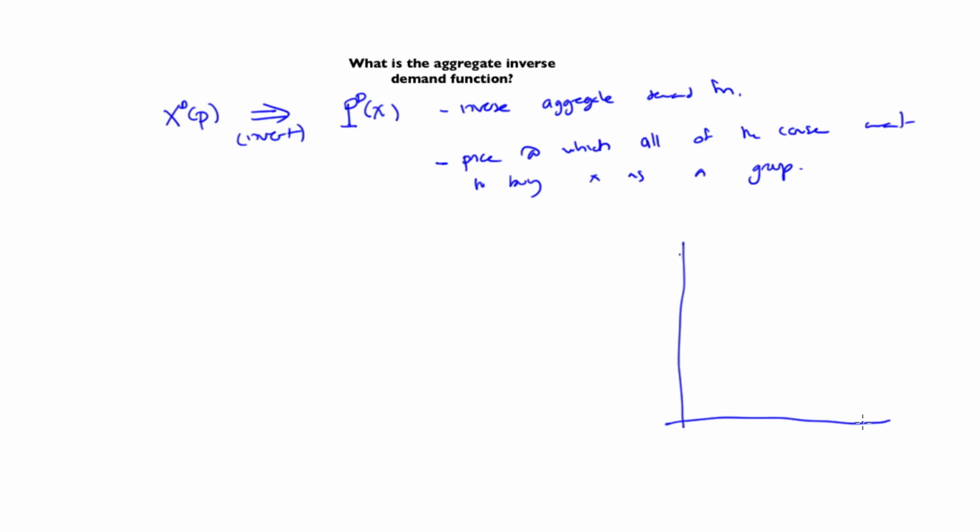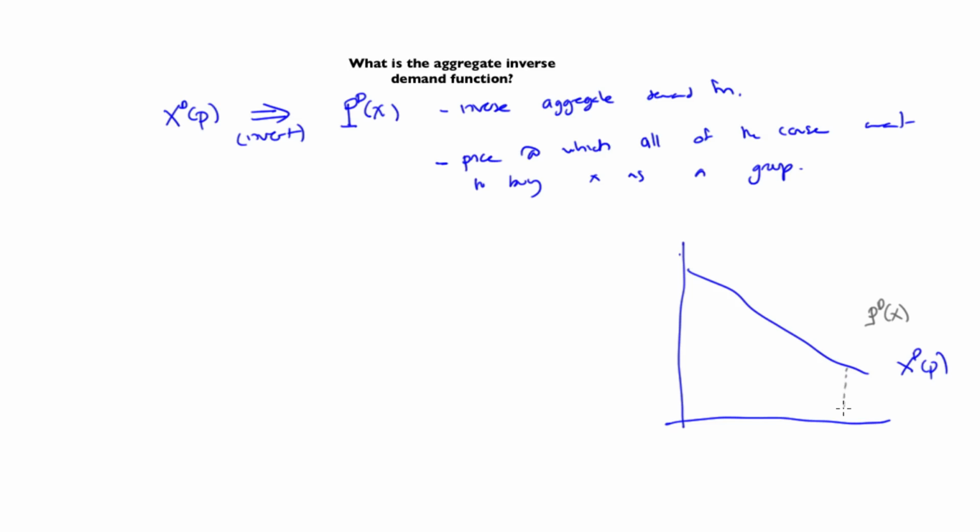And a graph may be useful here. So think of this being the aggregate demand function, which we invert to get the inverse demand function for the market. Okay?